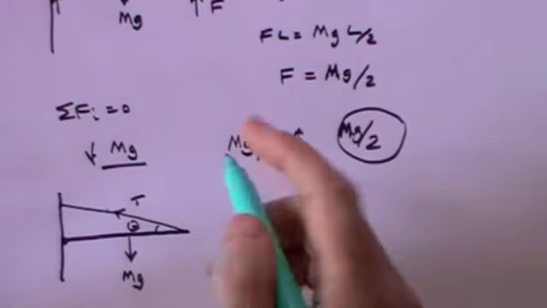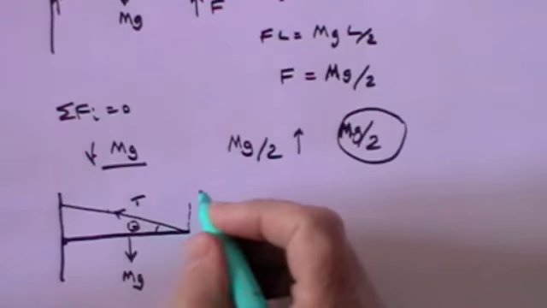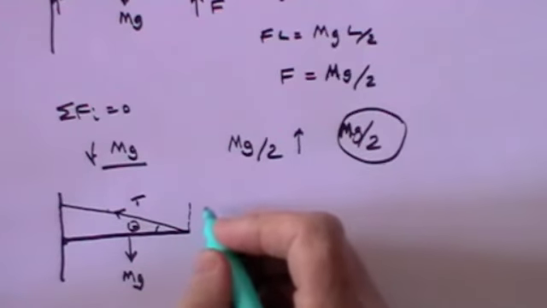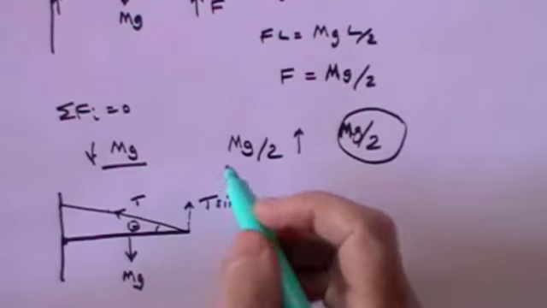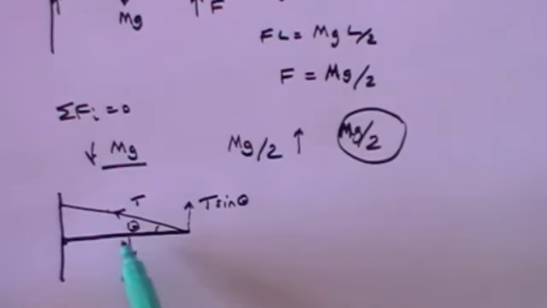Well, we can resolve the tension into two parts. It will have a component T sine theta acting upwards, and a component T cosine theta pulling this way. But that is having no effect at all, because it's just pulling the rod into the pivot, and that will achieve nothing. And so now we can equate the two torques.